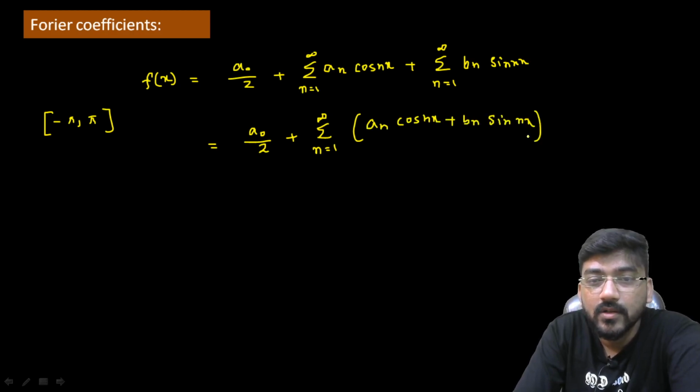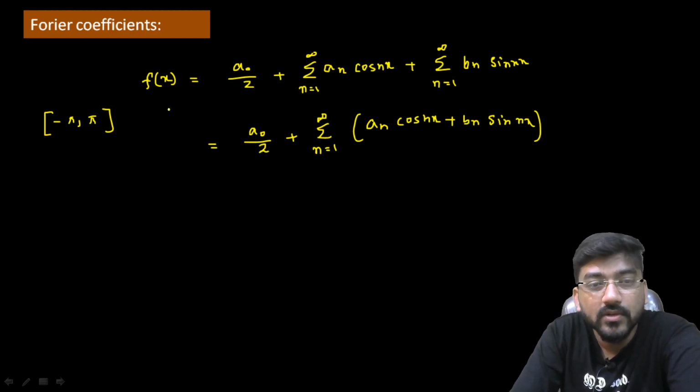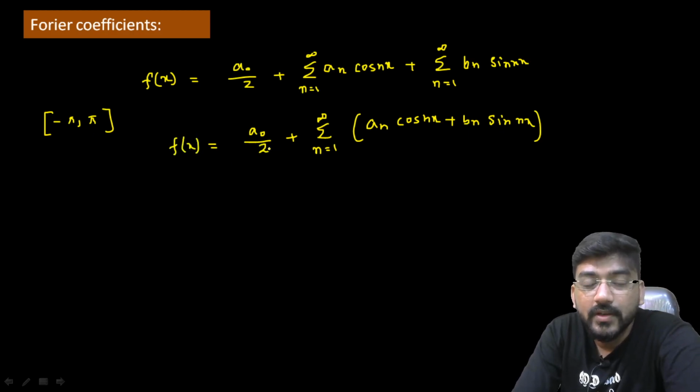Here we have used a0 by 2 for symmetry, and you can understand later on why we use this 2 here. Otherwise, if you want, you can write just a0 also. So this is the Fourier series of the function f of x in the given interval minus pi to plus pi. Now we have to find the values of a0, an and bn. These are the Fourier coefficients actually.